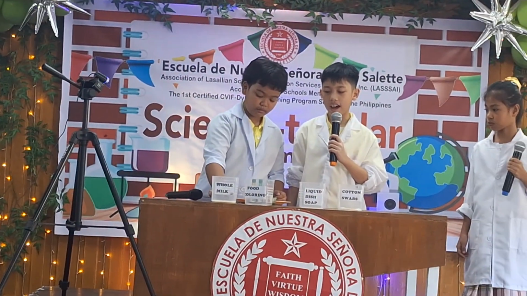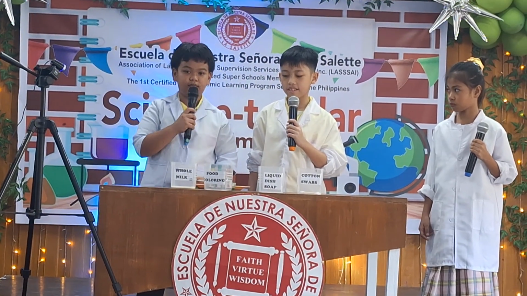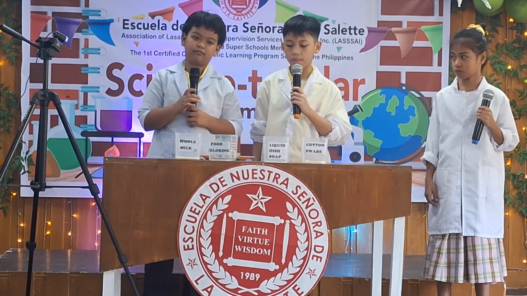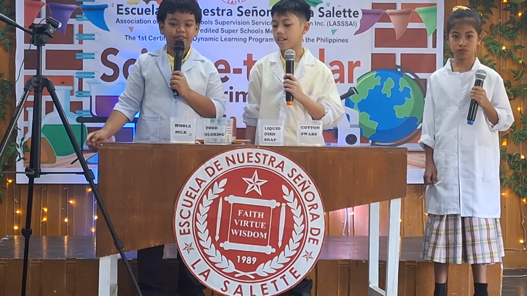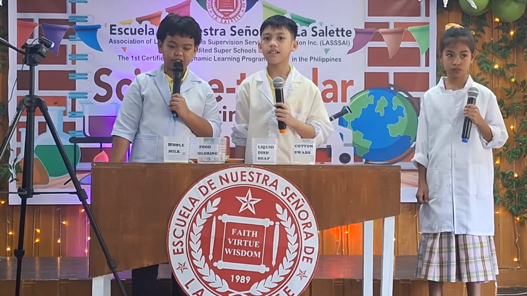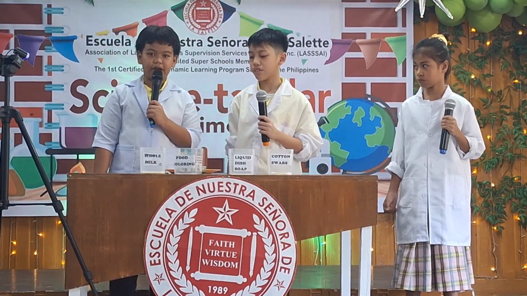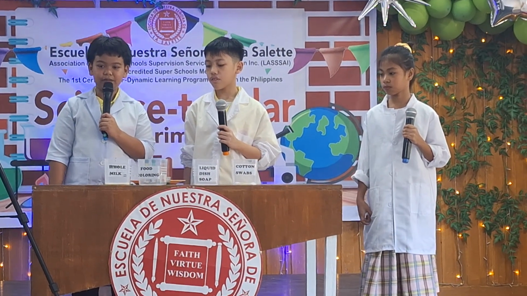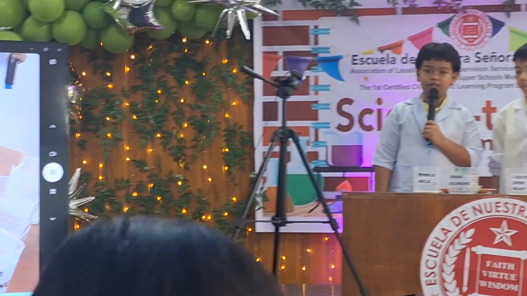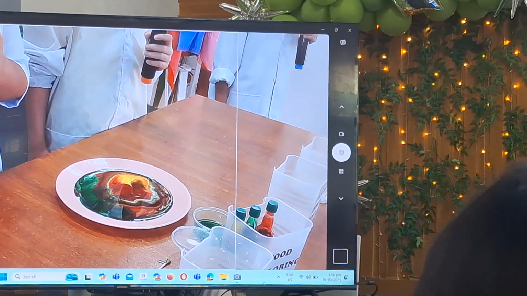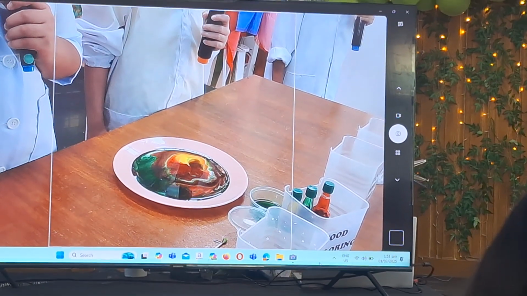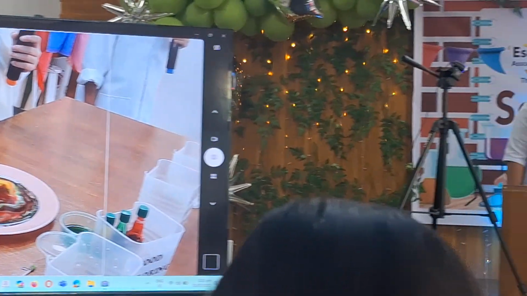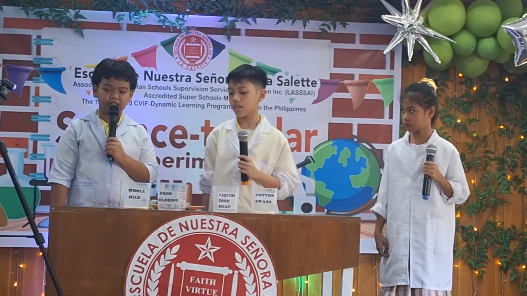Wow! Look at that! The colors are dancing and moving across the milk. But why is this happening? Let me explain. The dish soap breaks the surface tension of the milk by interfering with the cohesive forces between molecules. Milk contains fats and proteins, and when soap is introduced, it reacts with the fat molecules, breaking apart the tension and causing movement.